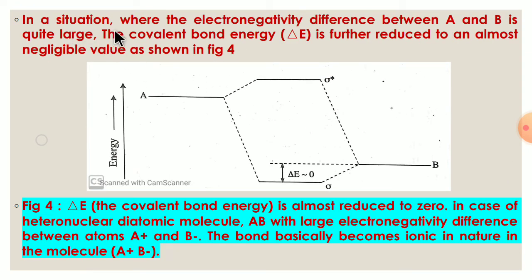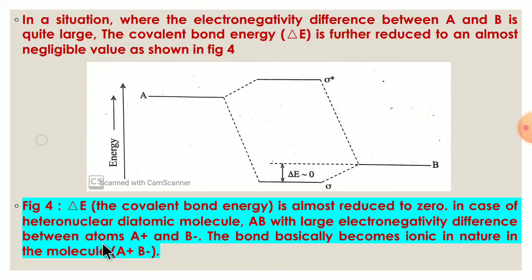In a situation where the electronegativity difference between A and B is quite large, the covalent bond energy delta E is further reduced to an almost negligible value as shown in figure 4. So figure 4 indicates the covalent bond energy is almost reduced to zero because the electronegativity difference between atom A and atom B is quite large.